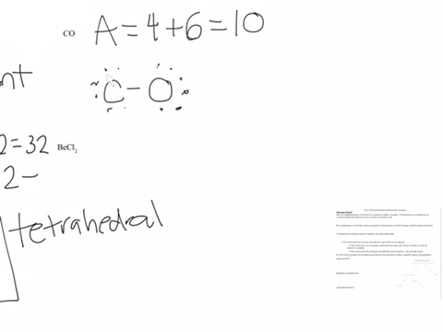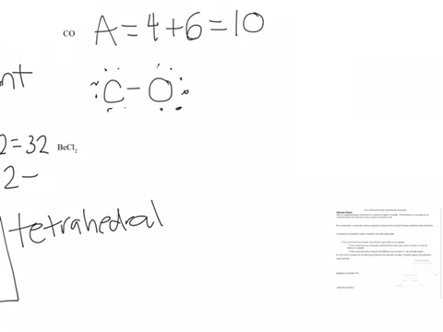So that is not the correct structure. We have 1, 2, 3, 4, 5, 6, 7, 8, 9, 10, 11, 12, 13, 14 electrons drawn, but we only have 10 available.